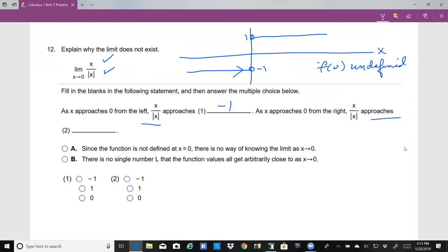And if it approaches 0 from the right, the function approaches 1. The answer to this is there is no single number L that the function values all get arbitrarily close to as x approaches 0. The limit from the left and from the right do not agree, and therefore the limit does not exist.